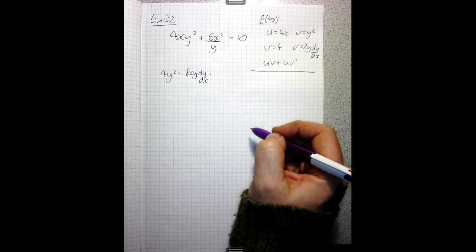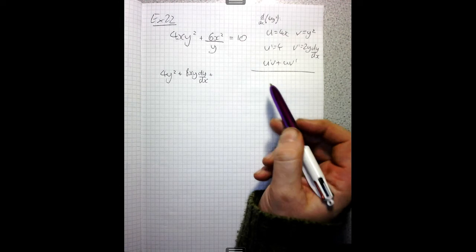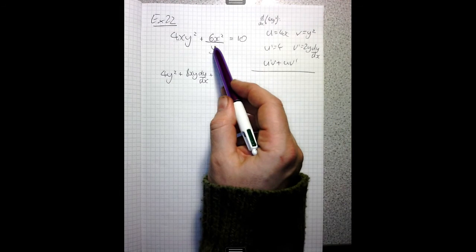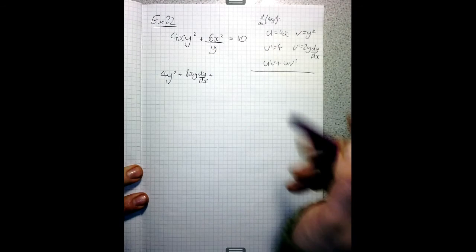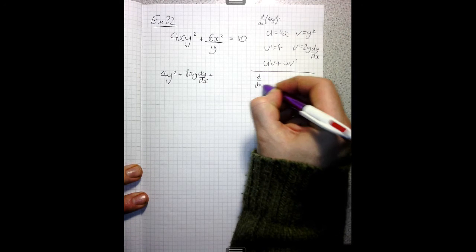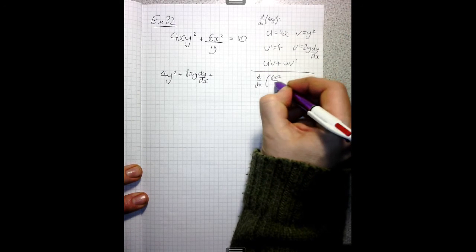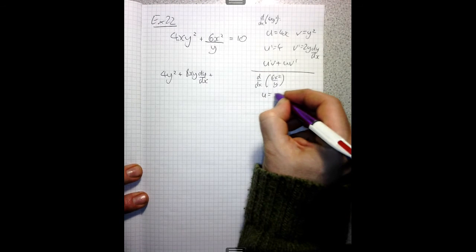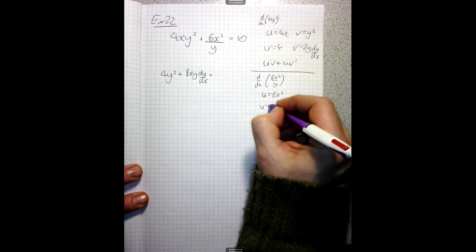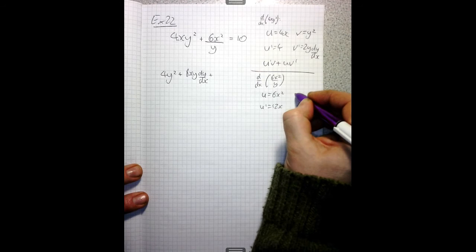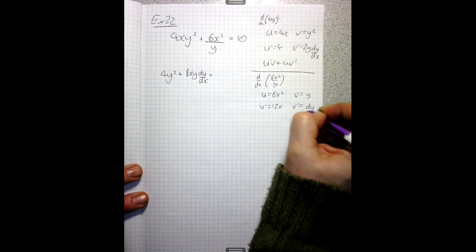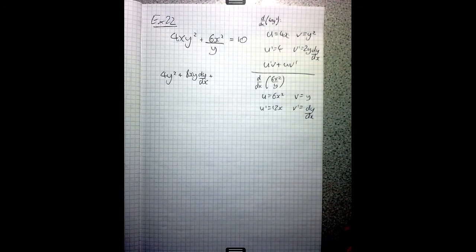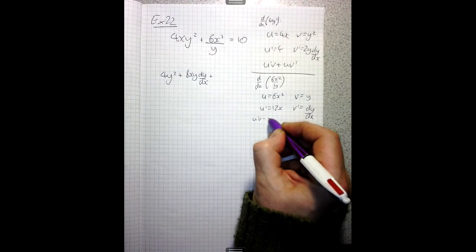I'm going to do the quotient rule here. Not quite how they do it in the book. They write it as 6x squared times y to the minus 1. They use the product rule. I'm going to use the quotient rule. So just to differentiate 6x squared over y, u is 6x squared, u dash is 12x, v is y, v dash is 1 dy/dx, and it's u dash v minus u v dash over v squared.